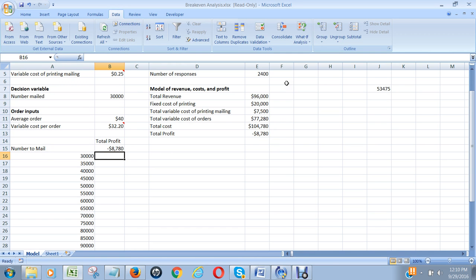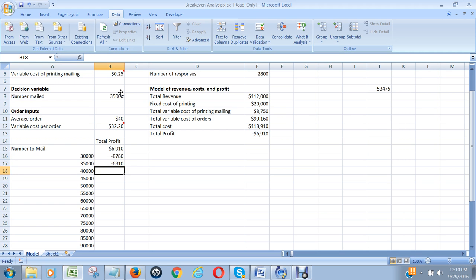And then it's going to put whatever value is calculated from that, which is negative 8780, right here. And then I'm going to get the one input data table to take this 35,000 and put it here. That will recalculate the total profit, and the computer will automatically put negative 6910 right here.